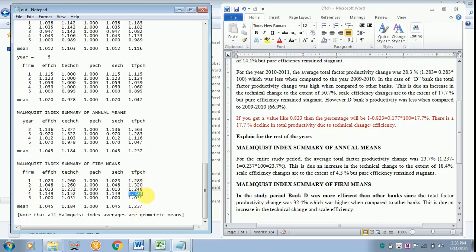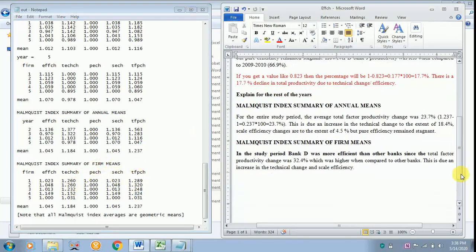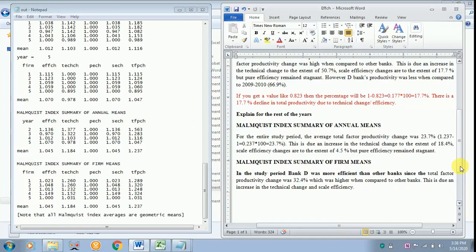D bank is leading because of the technical change and the scale efficiency change. This is how you have to interpret your results. Hope you have understood it. Thank you for listening.